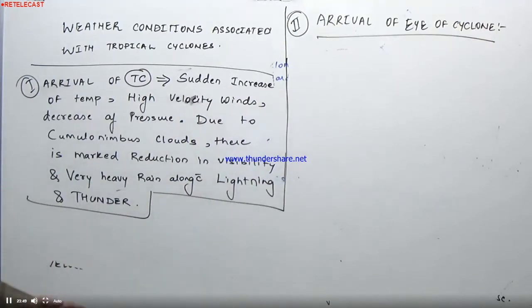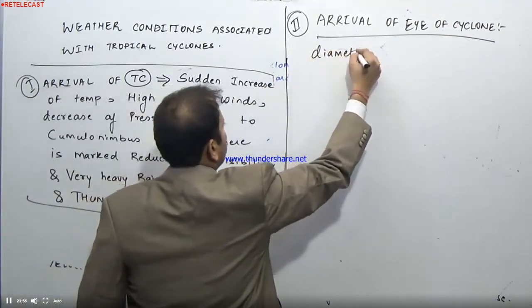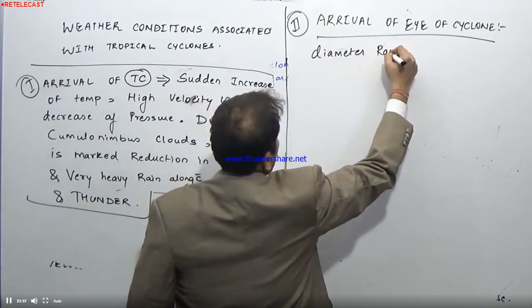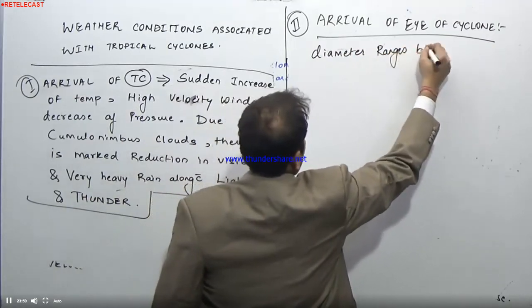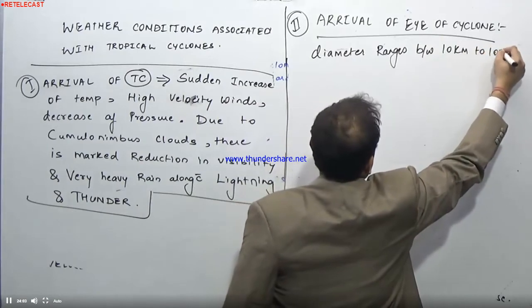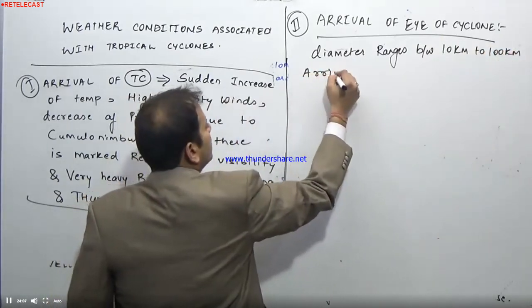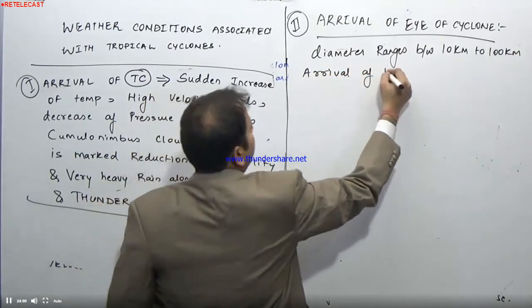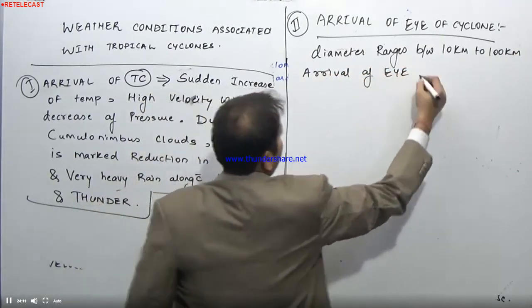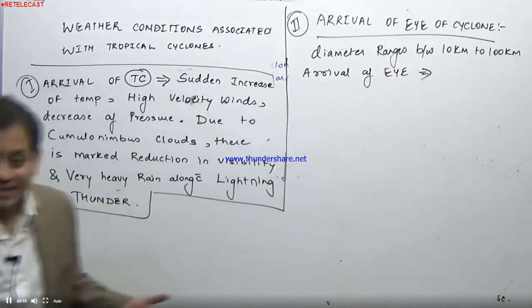This arrival of an eye of a cyclone, what is the diameter of an eye of a cyclone? The diameter ranges between 10 kilometers to 100 kilometers. Arrival of an eye of a cyclone is characterized by, what are the conditions associated with?